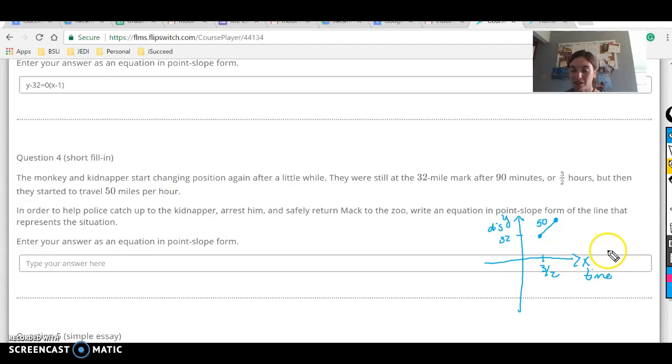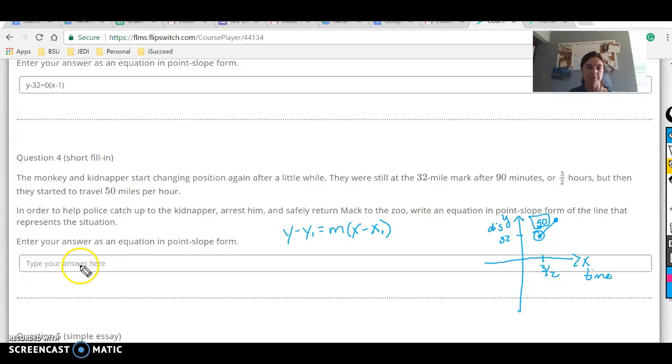But what we're not told here is the next point. But we don't need to know that. We have our slope and we have 1 point. If you just have slope and 1 point, you can still fill in your point-slope equation, and it becomes really handy. y minus y1 equals m times x minus x1.